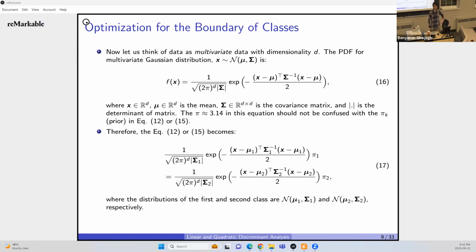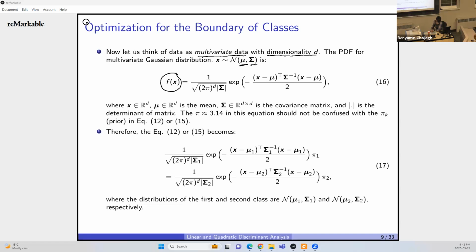So far we assumed that the data is a scalar. Now let's assume it's multivariate data. So it is a d-dimensional vector, for example, with dimensionality d. Then the PDF of the Gaussian distribution becomes a multivariate Gaussian distribution, right? So the mean becomes a vector and the variance becomes a covariance matrix.